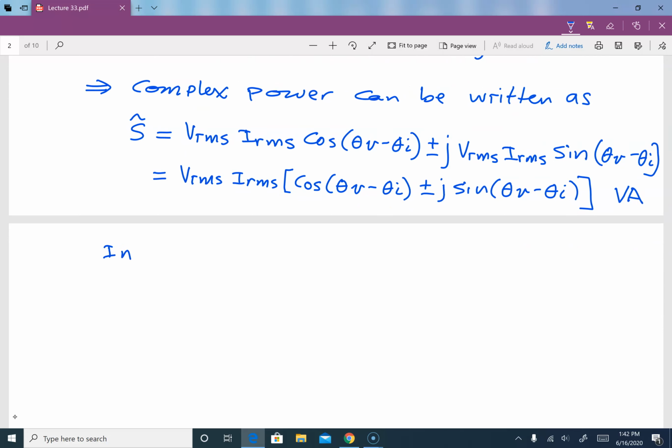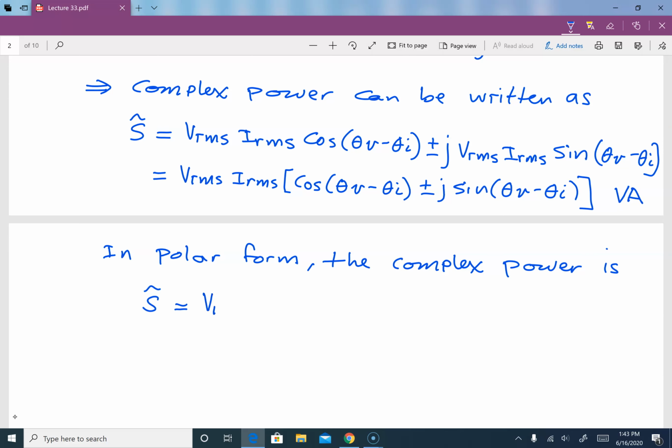So in polar form, the complex power is complex S, which is phasor S, equal to VRMS IRMS with angle theta V minus theta I, and that is in volt ampere.